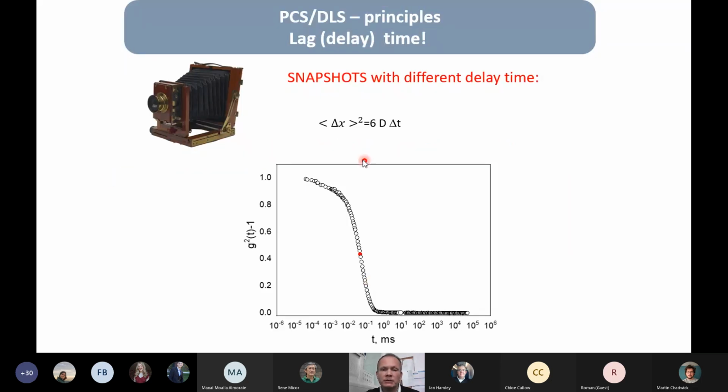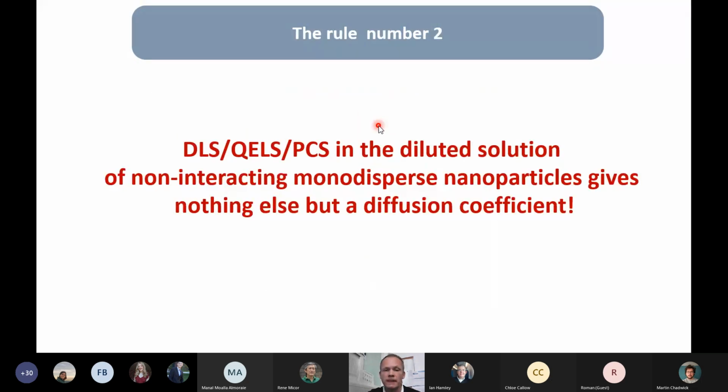So coming back to the physics, this directly comes from the diffusion law, right? So delta x squared is proportional to the diffusion coefficient. This random motion of particles making Brownian motion is directly proportional to the diffusion coefficient.